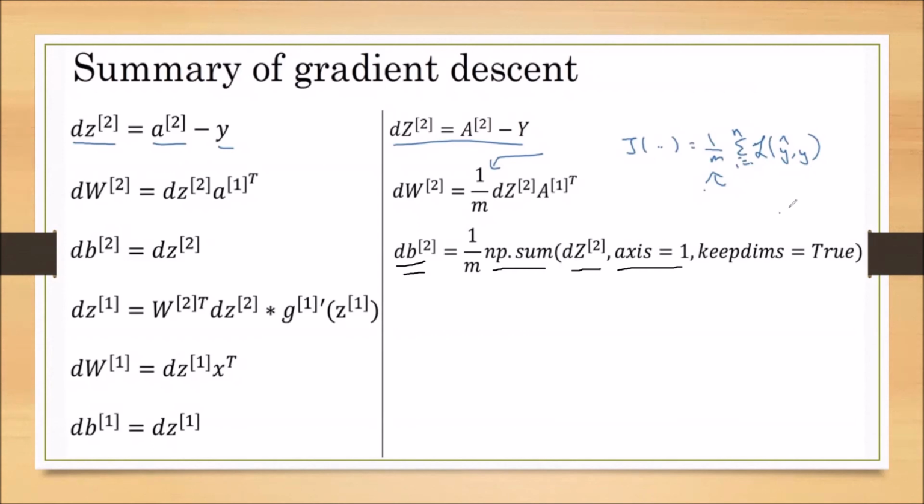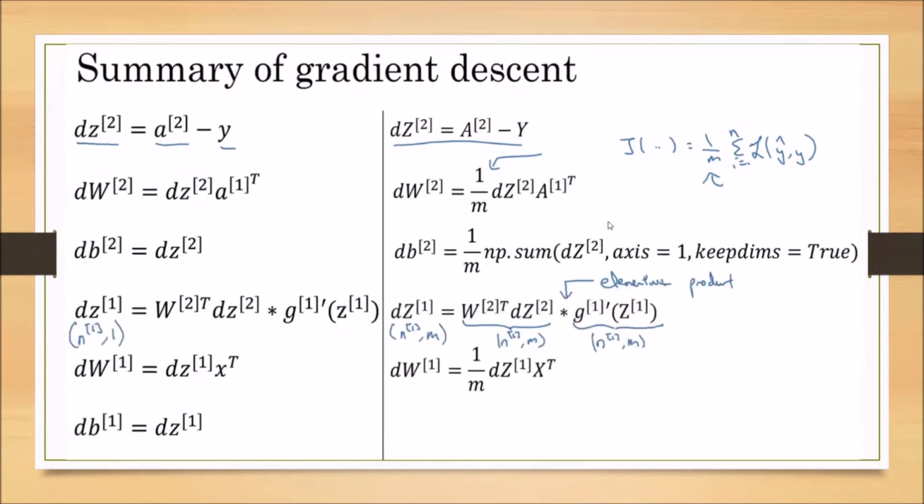Sometimes it may give the dimension followed by a comma. To avoid that, we write keepdims=True, and it will give comma 1. Okay, now we have calculated the dB. Why are we calculating dB in this manner? Because we want to find the sum of all elements in this matrix. To find that, we are using np.sum of dZ2.